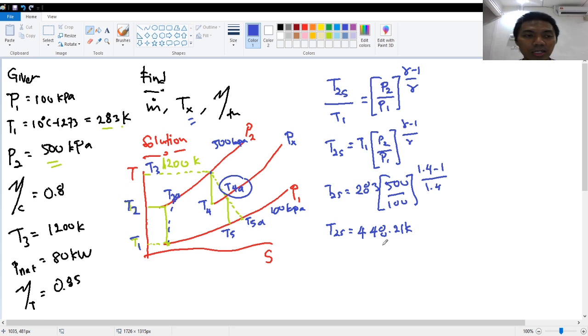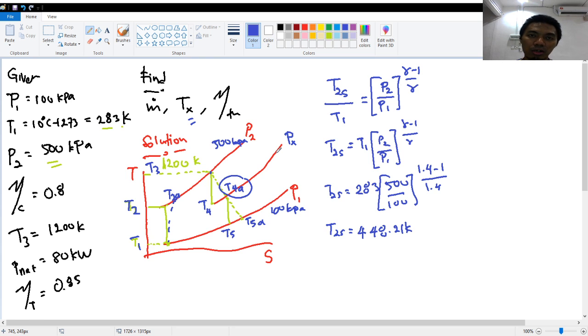So what is your T2A? Whatever is important inside all this temperature is actually the actual one, not the isentropic temperature inside the graph. Okay, inside the diagram you need to find the actual one, so then you can find the work in, the work out of what you needed.